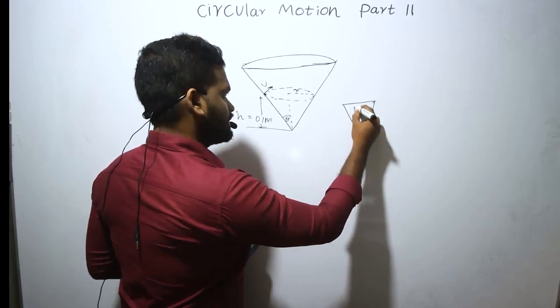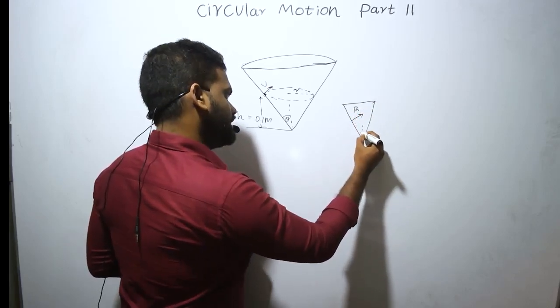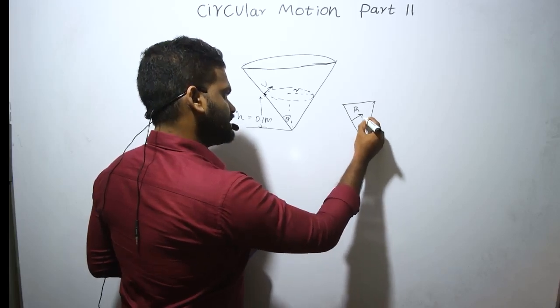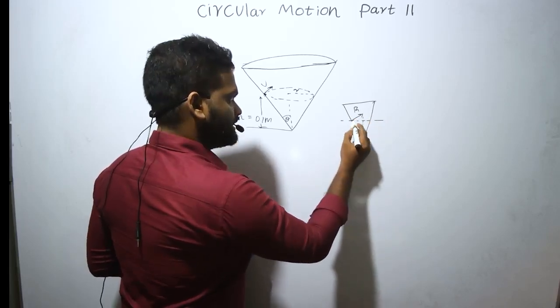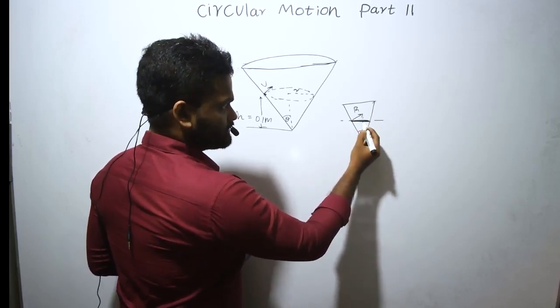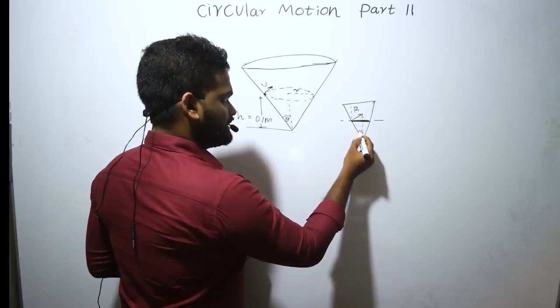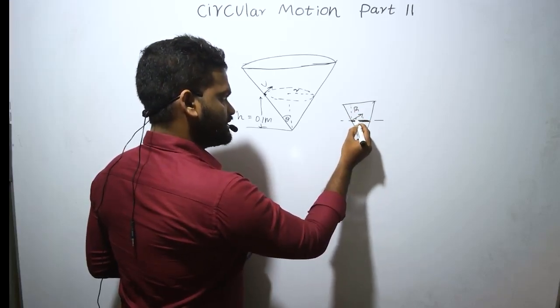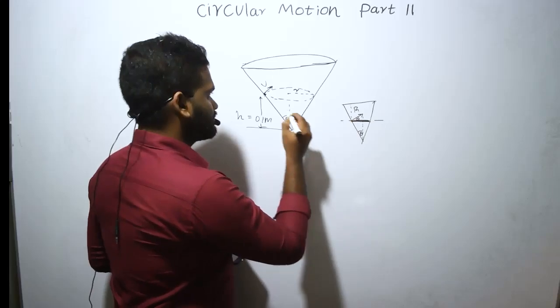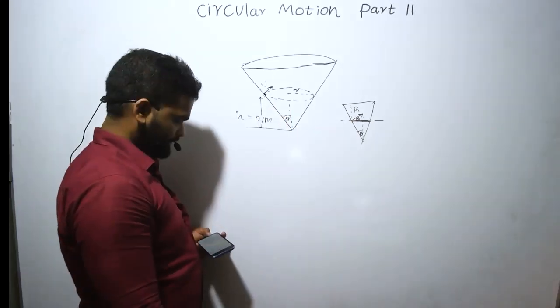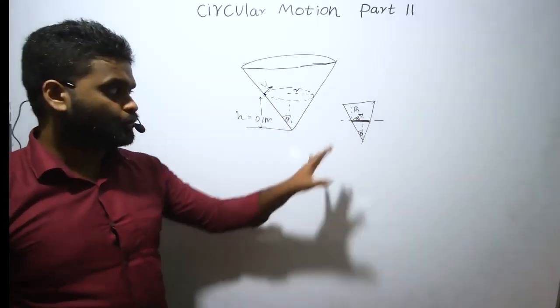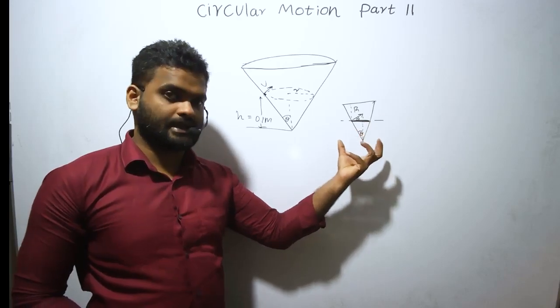So capital R is like this. If you take this to be theta, then in this plane you have the circle, right? Then 90 minus theta, you get theta here, right? If you draw a 2D diagram, it is easy to understand.